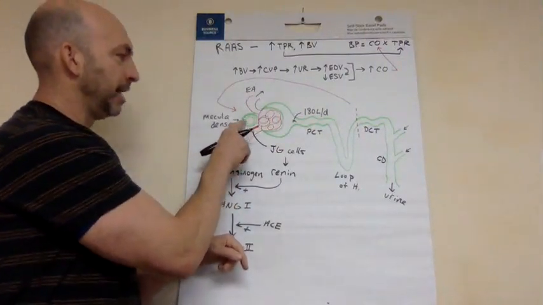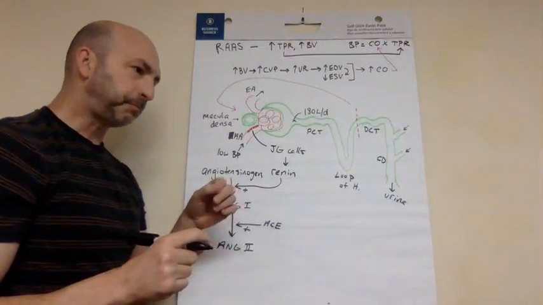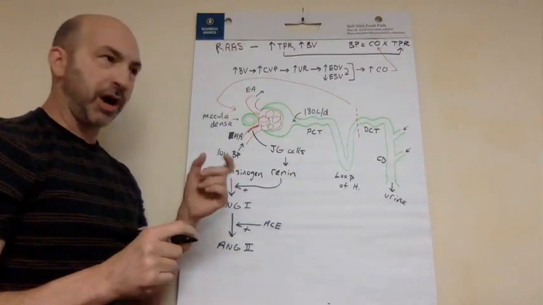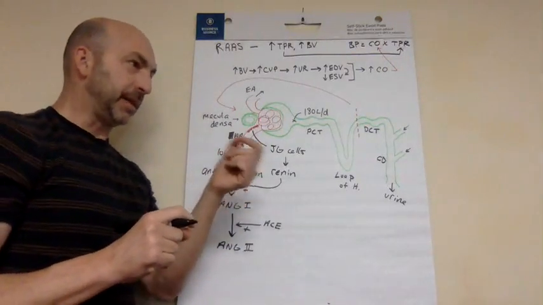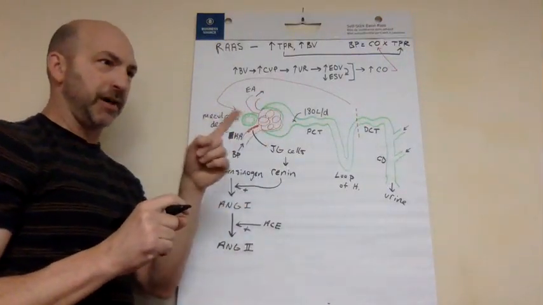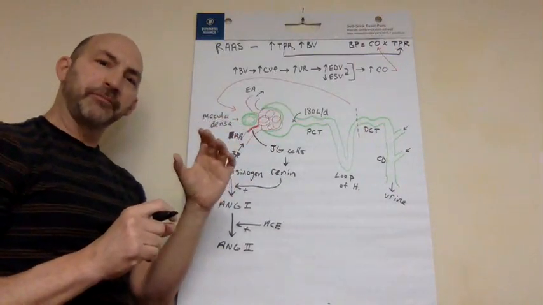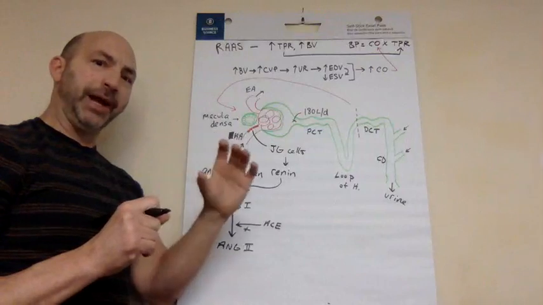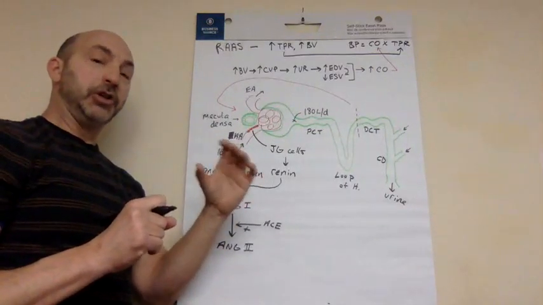Come back to the macula densa. Guess what? The macula densa has what's called a primary cilium, a single cilium that projects off of those cells into the lumen, that's a mechanotransducer. It's detecting flow rate. And if that flow rate falls, it's an indicator that GFR has gone down.